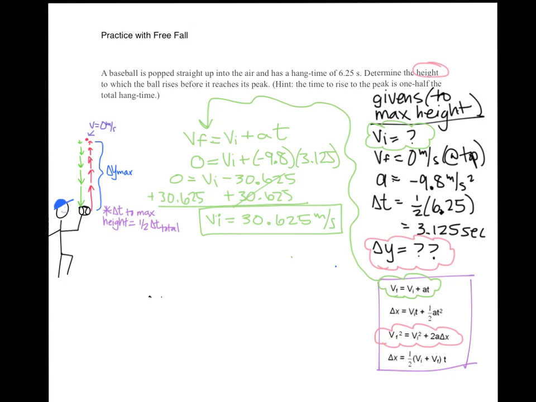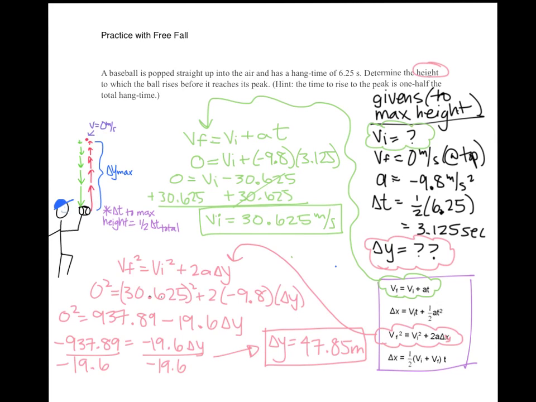And again, here in the actual equation, it's change in x, but we know that that means horizontal displacement, and we could just change that to a change in y for vertical displacement. Okay, so here is my solution. So final velocity, I rewrite the equation, and then I just plug everything in.